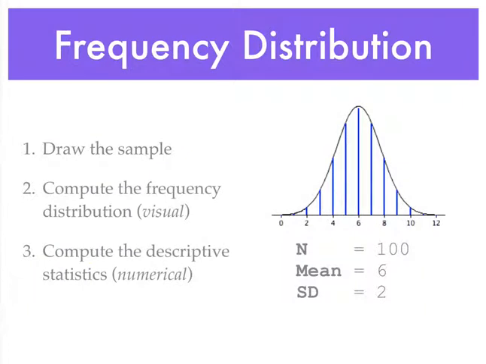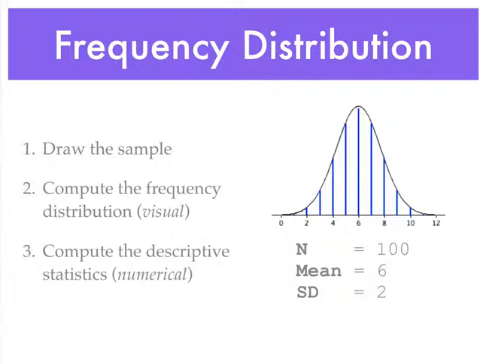After we have drawn the sample, we're going to take those data and compute a frequency distribution, which is a visual representation of the data. And then we're going to compute the descriptive statistics, or the numerical representation. I just made up some numbers here.